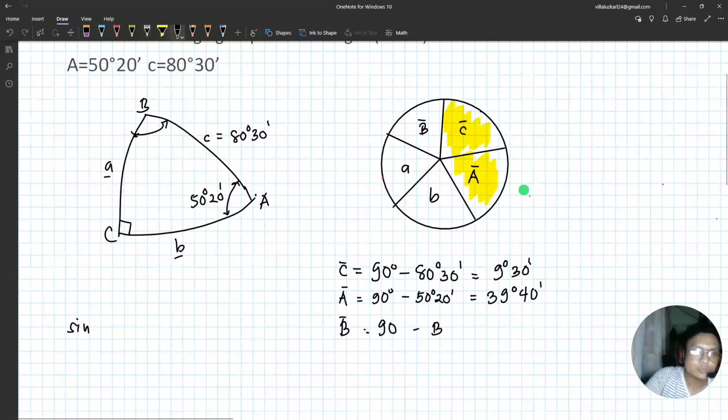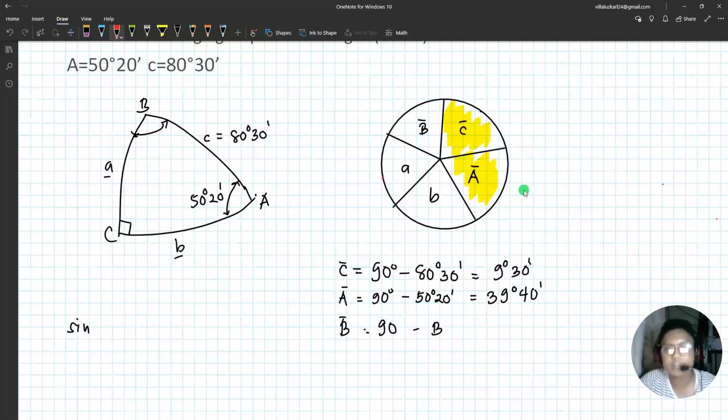Based on the figure, we have bar C and bar A as given. So, in the sin-tan-ad rule, if I select a middle part, let's say this bar C, I need the tangents of its adjacent parts, which are bar B and bar A. Therefore, I can use that solution to determine the value of bar B, since bar C and bar A are given.